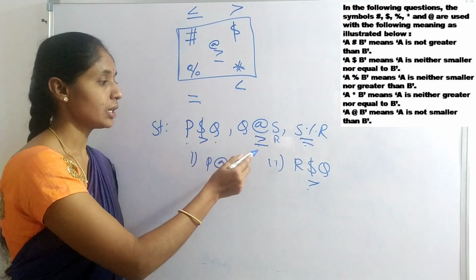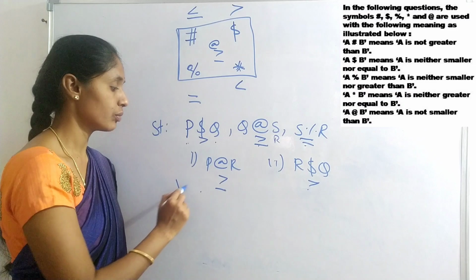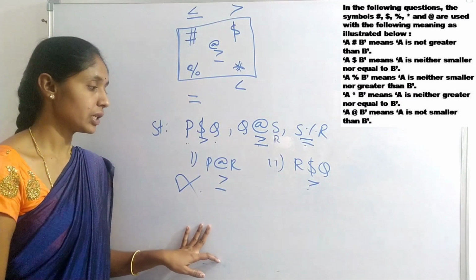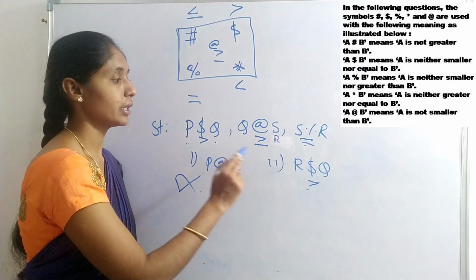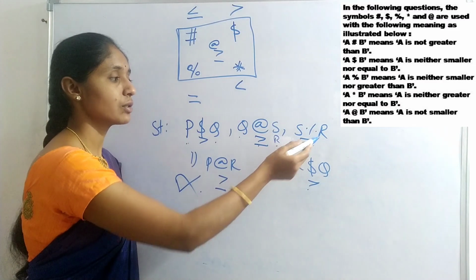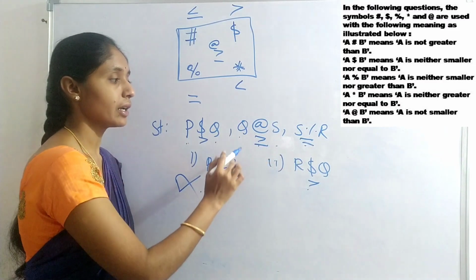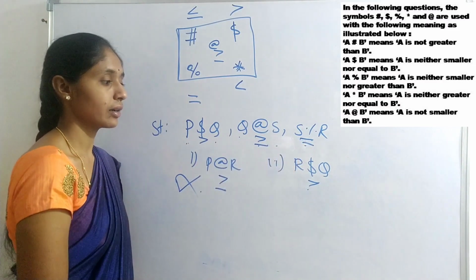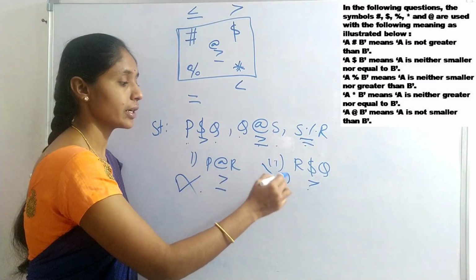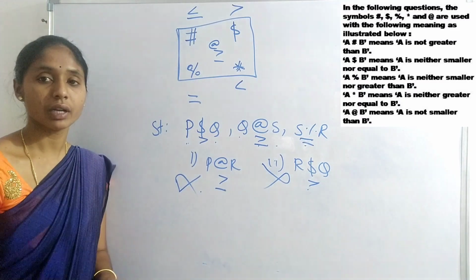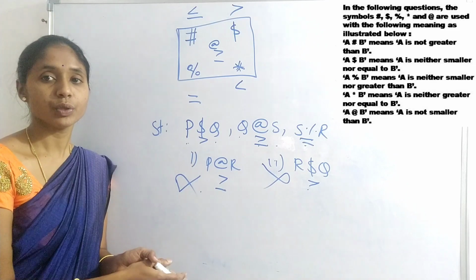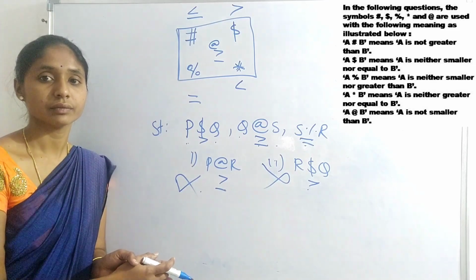So P greater than R is true, but P greater than or equals to R is wrong. Then R greater than Q: Q greater than or equals to S equals to R, so here we can write Q greater than or equals to R, not greater than. So both conclusions will not follow the statement. Neither conclusion 1 nor 2 is true for this question.